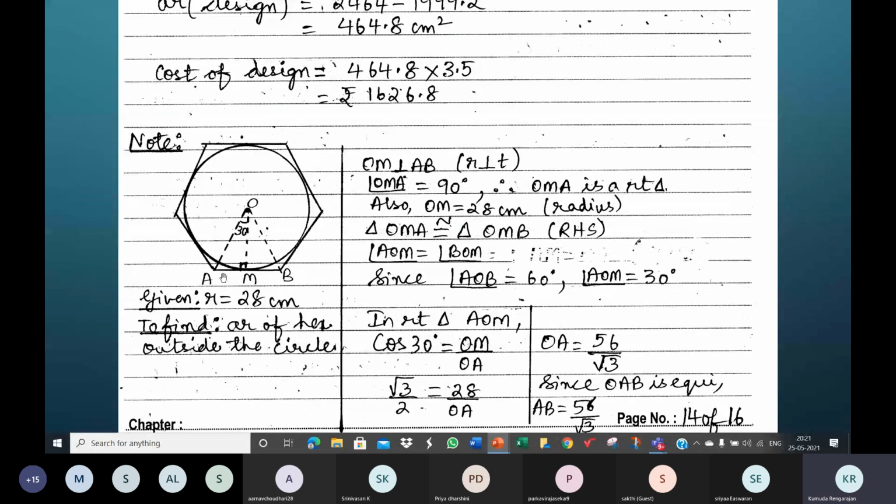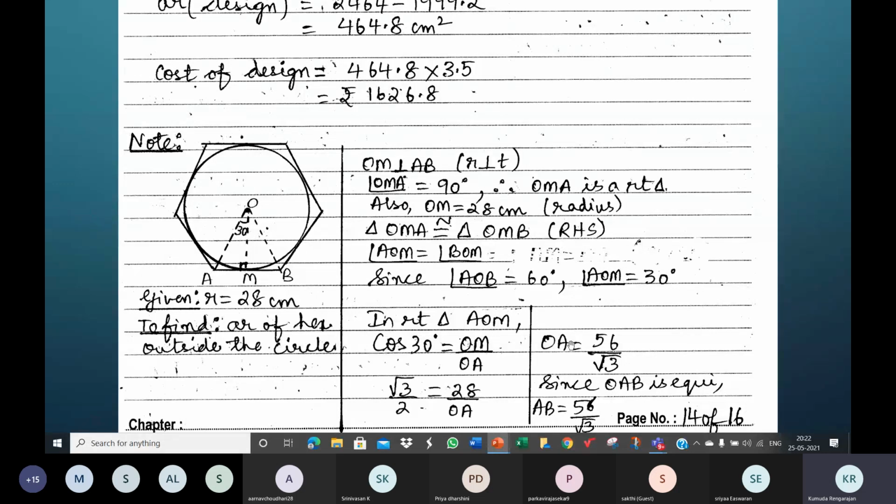So you have a right triangle here. You know this angle is 30 degrees. And you know the radius. So you'll have to find AM. Use trigonometry and find AM. You can find AM and double it, or you can find OA straight away.